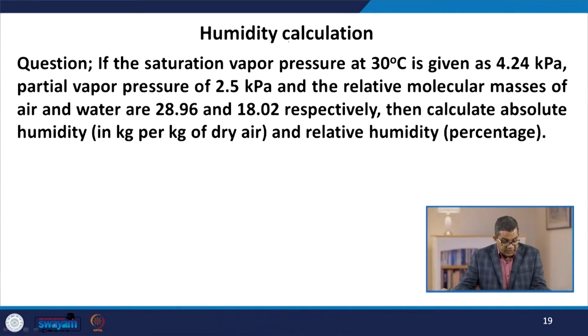Now, since we have discussed various mathematical relations and definitions, it is time to have one numerical problem.